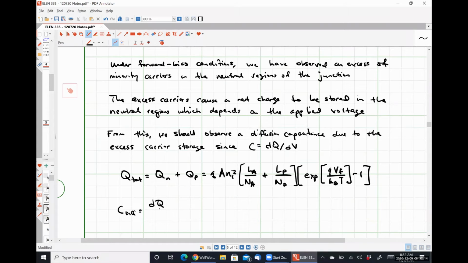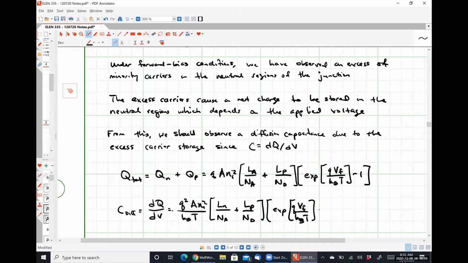It's going to be the derivative of Q with respect to V. And so that is simply Q squared A times Ni squared divided by KBT, times Ln over Na plus Lp over Nd, times the exponential of QVF divided by KBT, minus 1. That's it. That's all we're going to talk about, the diffusion capacitance.